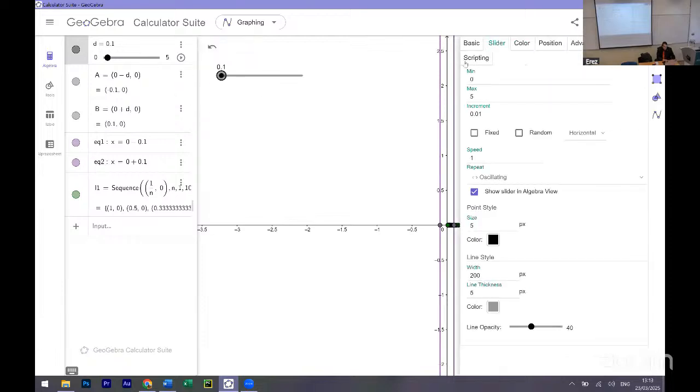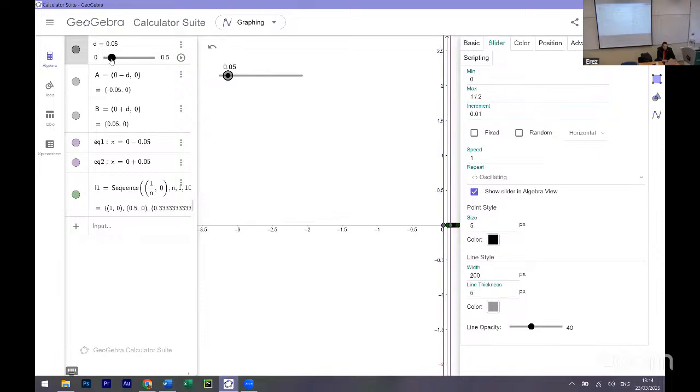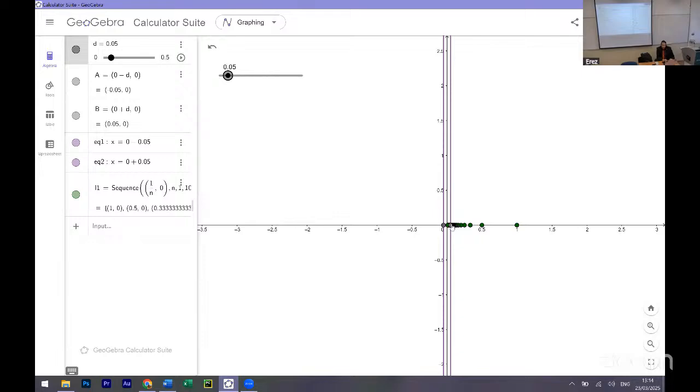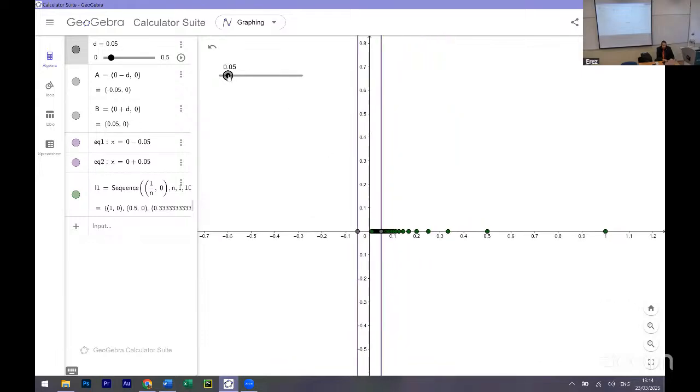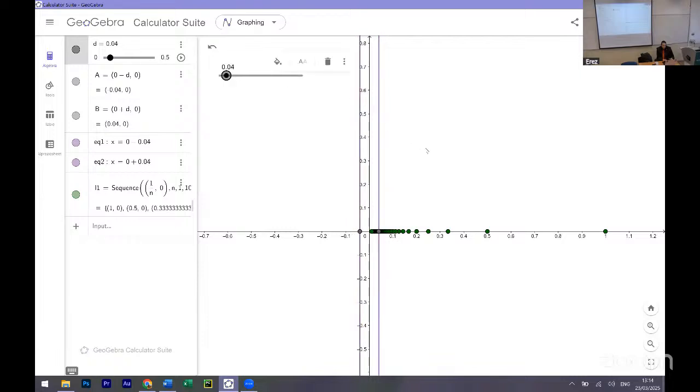Just a second, slider. So if I decrease the size of the area even more to 0.004, how many elements are within the area?